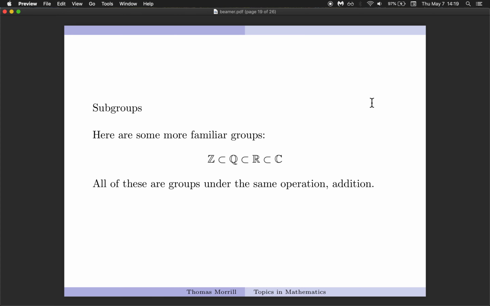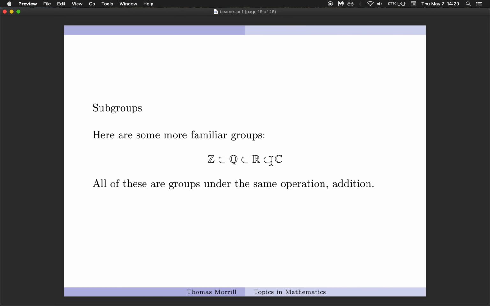So on this slide, I've got a whole bunch of sets with their usual mathematical names. My bold Z is the set of all integers. That is contained in bold Q, which is the set of all rational numbers. That set is contained in bold R, which is the set of all real numbers.